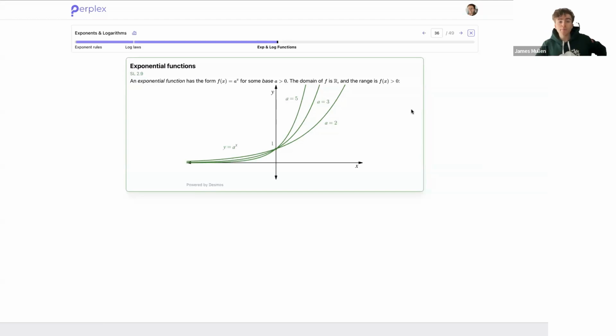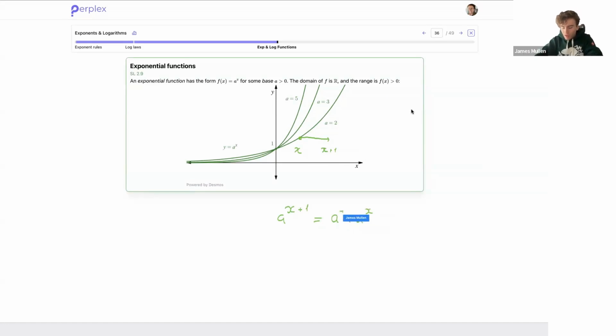Next, we're going to talk about exponential functions. So a function of the form f of x is equal to a to the power of x, where a is some base. So the key thing to focus on is when I have a to the power of x, if I go from somewhere on a curve and I go over by 1, so I go from x to x plus 1, then a to the x plus 1 is equal to a times a to the x.